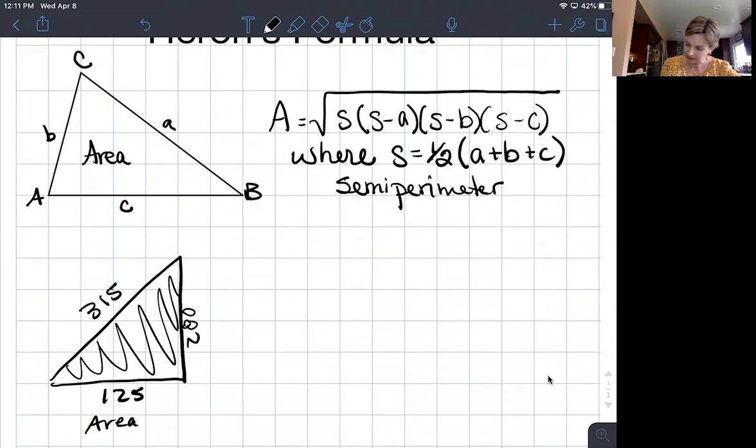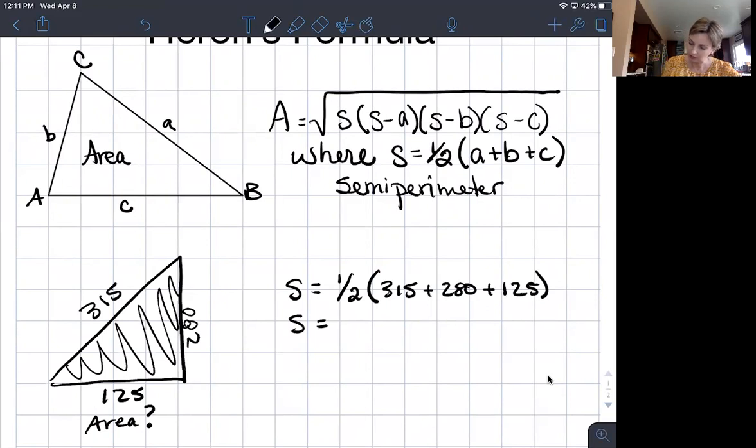So I'm going to use Heron's formula, and before I can use it, I have to find the semi-perimeter. That's going to be 1/2 (a plus b plus c), so 1/2 of 315 plus 280 plus 125. Just crunch those numbers, and I find that the semi-perimeter for this triangle is 360.